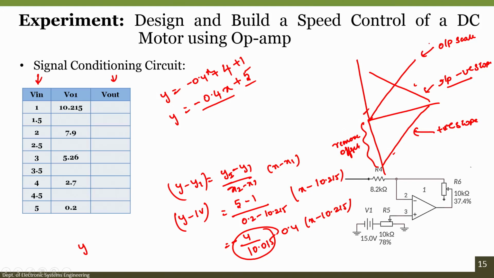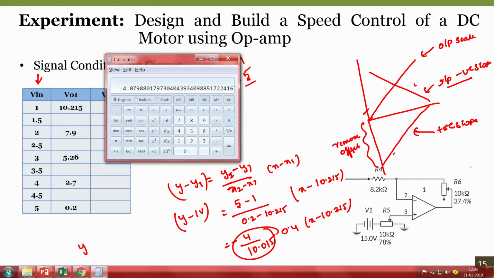So, why do we not apply the formula? Minus 0.4 into 10, which is minus 4, plus 5, gives 1 volt. So, we are getting it. Now for 7.9: 0.4 into 7.9 is 3.16, minus 3.16 plus 5 gives approximately 1.84, which is about 2 volts.